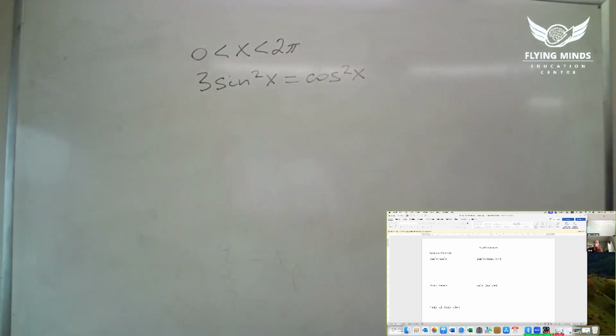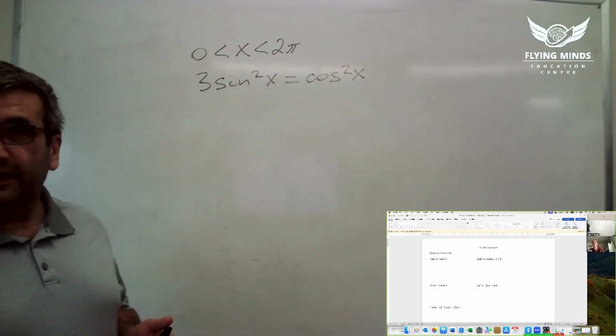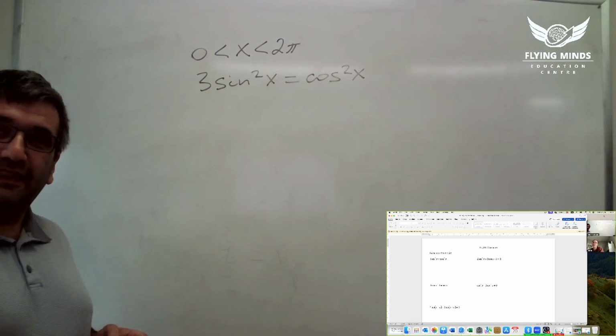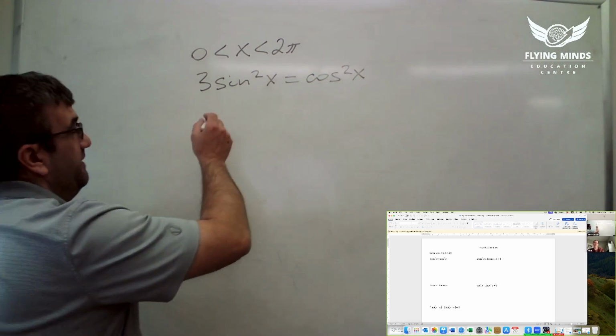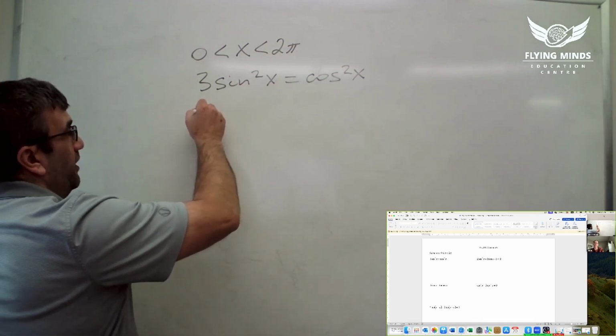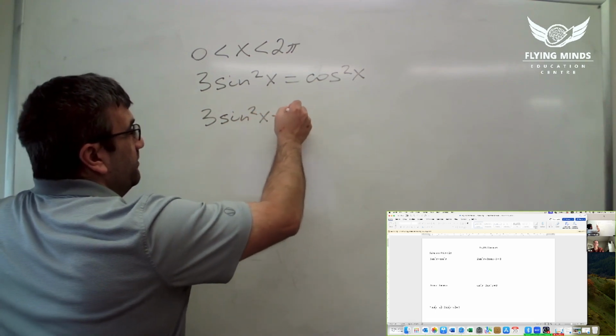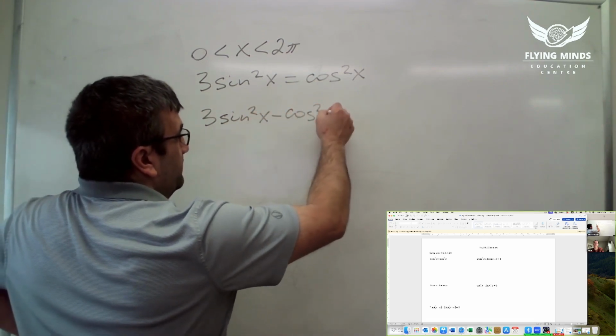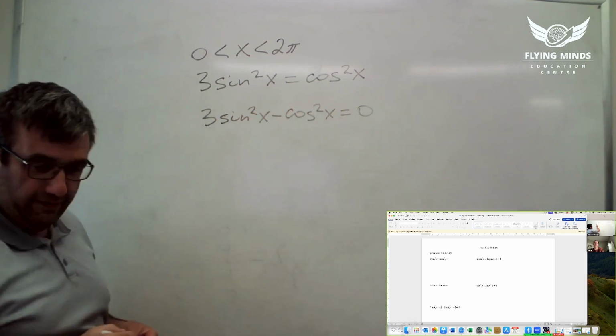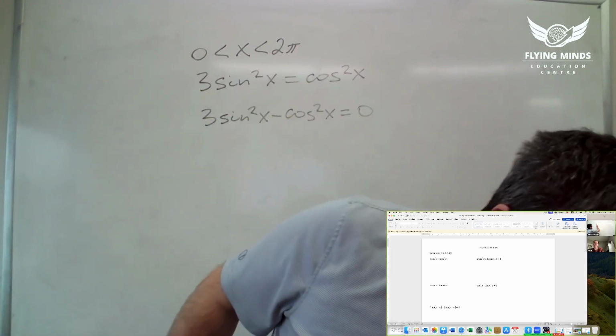Okay, so what do you think? Well, minus cosine on both sides. Okay, let's try. Minus cosine squared equals 0. Okay, what will be the next step?